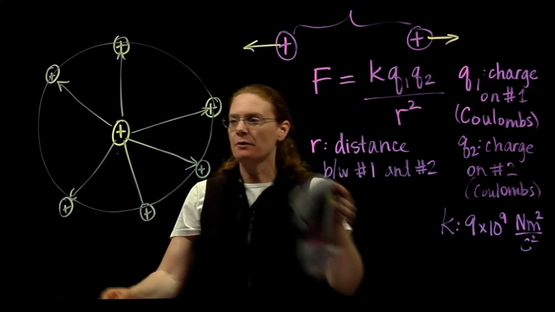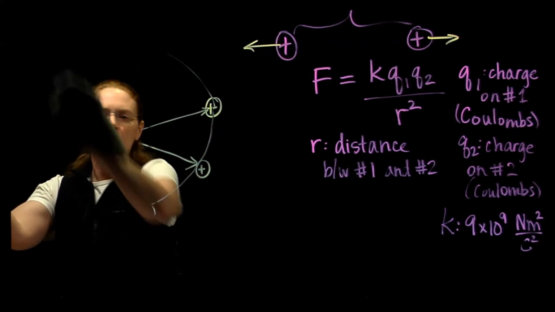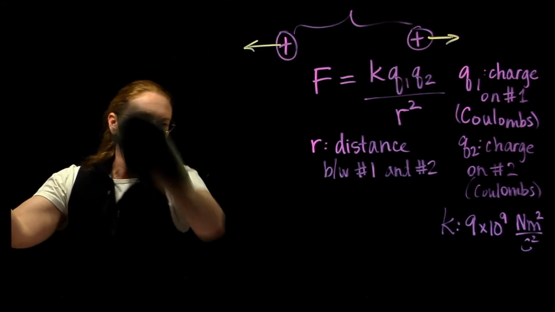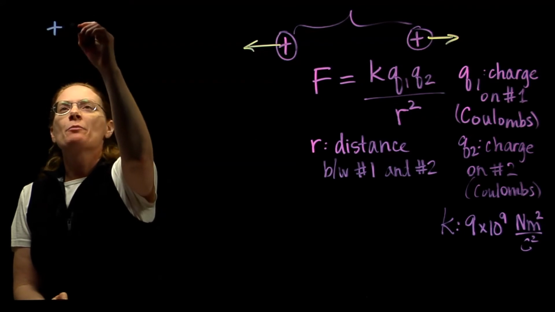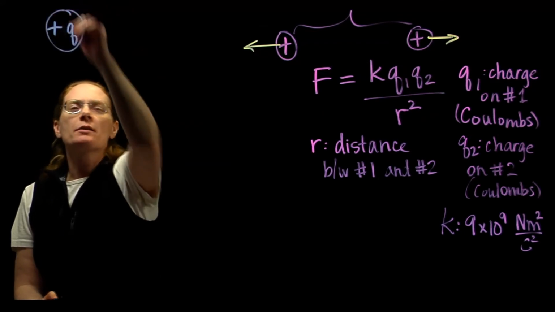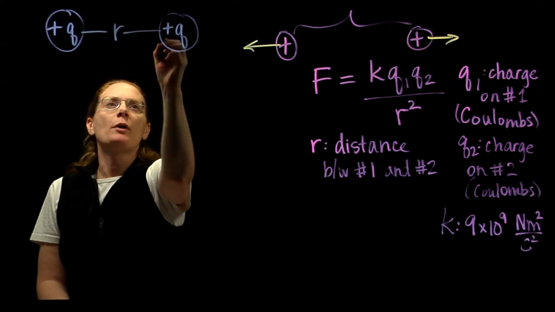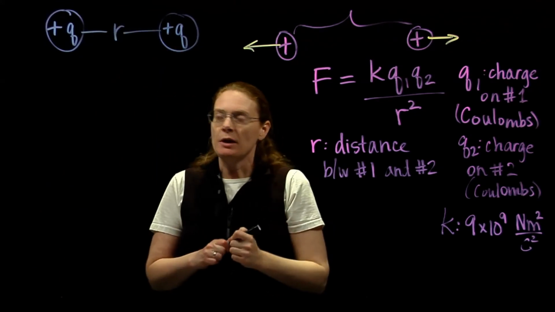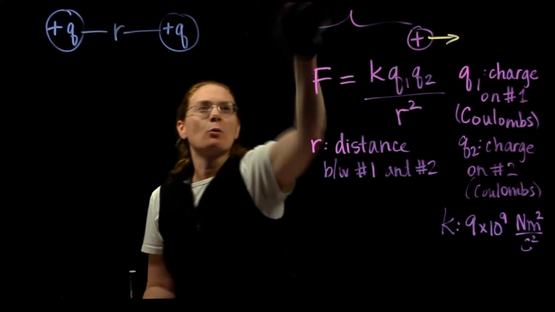And another thing we need to think about is how that law means the forces change. So if I have an object plus q and an object plus q, a distance r away from each other, that means there's going to be a certain force between these two, and I'm not going to worry about the number.